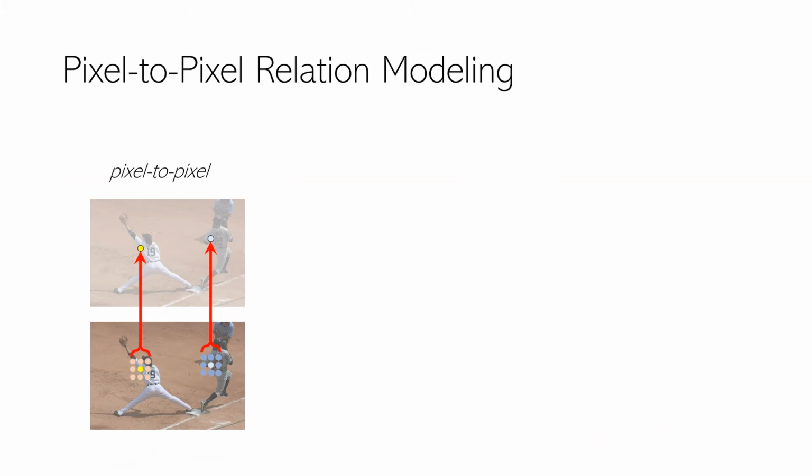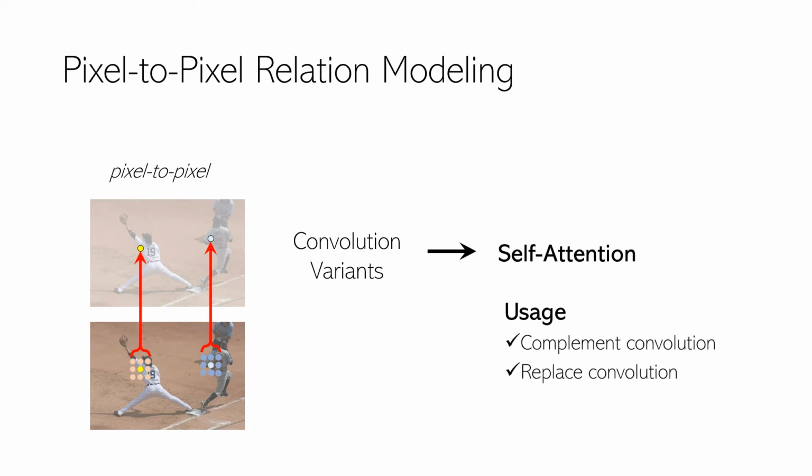We first review the usage of self-attention modules to model pixel-to-pixel relationship. Previously, the pixel-to-pixel relationship is modeled by convolution or its variants. The self-attention modules can be used to either complement or replace the convolution layer.